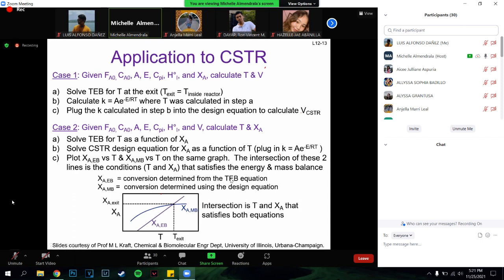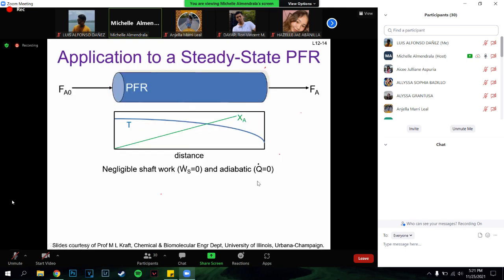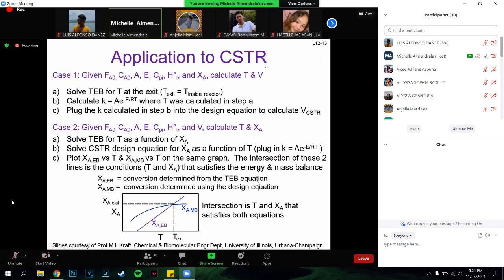So you have to define conversion from energy balance, or you can also define conversion final at equilibrium using material balance. Since the conversion for both energy balance and material balance must be the same at the exit point of the reactor, that will give you also the exit temperature, the temperature at the end of the reaction.